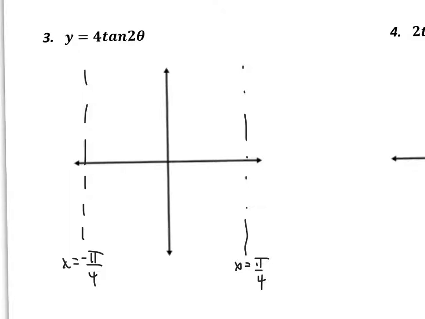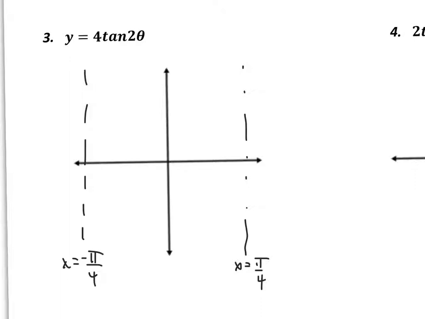So the next thing I would do is figure out where those two middle points are going to be. Once you figure out where those two middle x values are, then think about your amplitude change and where those y values are going to be for those new x values.